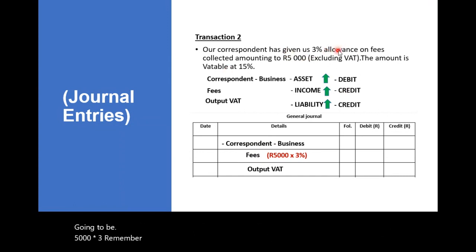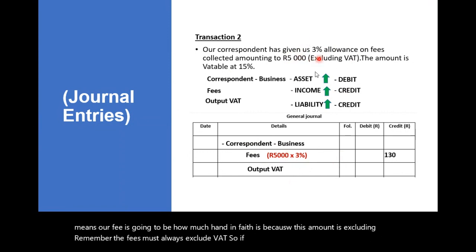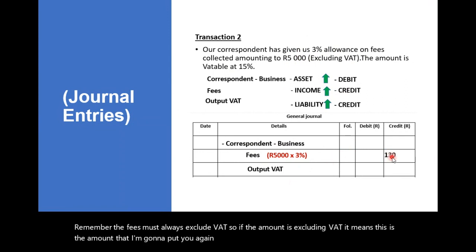Remember, they said we collected 5,000, so now we must multiply it by what? By 3%. So it means our fee is going to be how much? 130. Okay, this now is because this amount is excluding VAT. Remember, the fees must always exclude VAT. So if the amount is excluding VAT, it means this is the amount that I'm going to put here. Okay. And thereafter, I will calculate VAT on this amount.